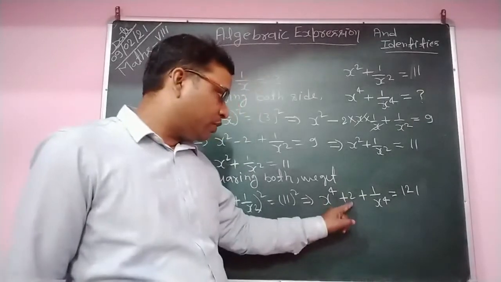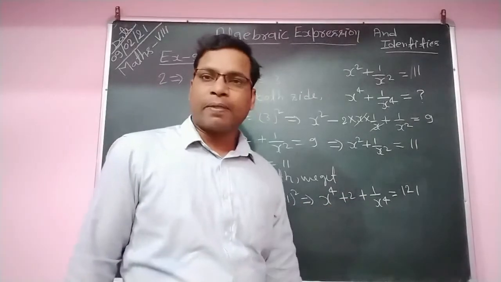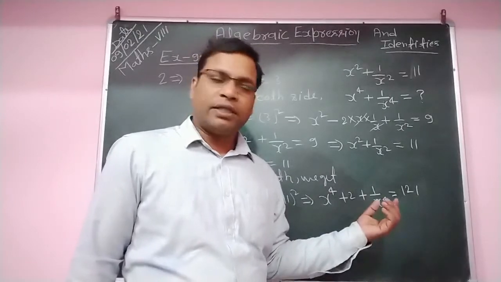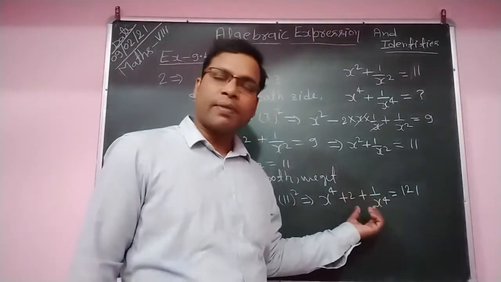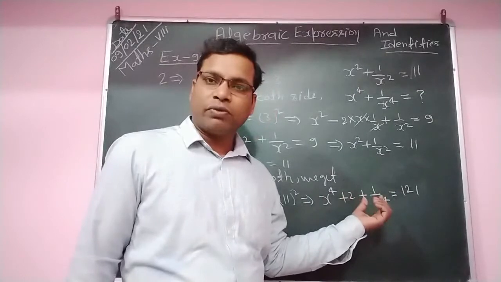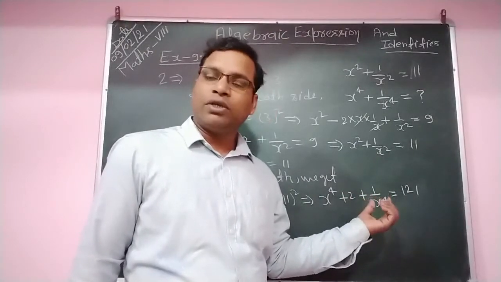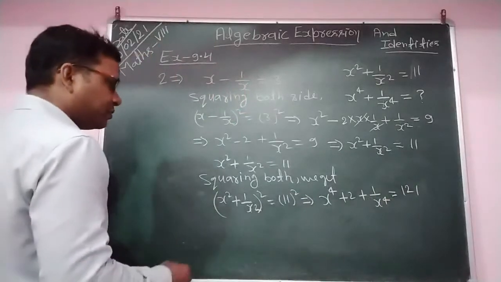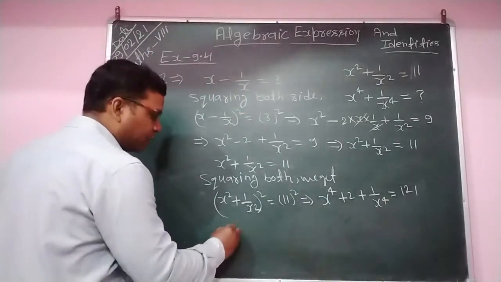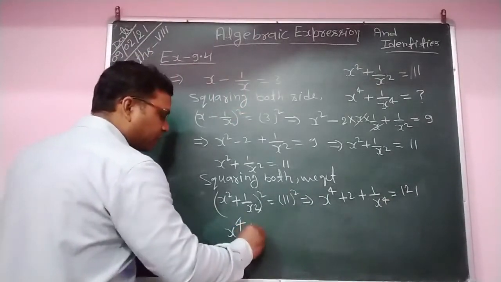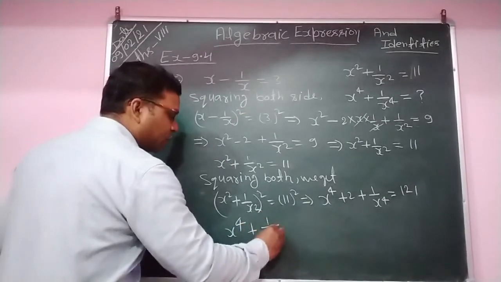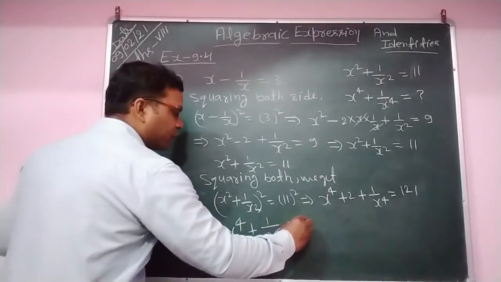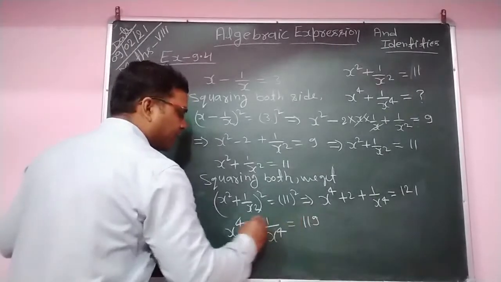Now if you transpose to the right hand side, it becomes minus. If you subtract 2 from 121, then you get 119. So you can write that x to the power 4 plus 1 by x to the power 4 is equal to 119.